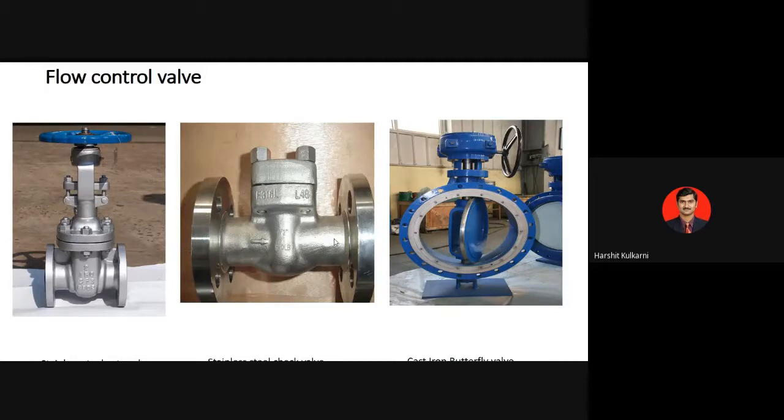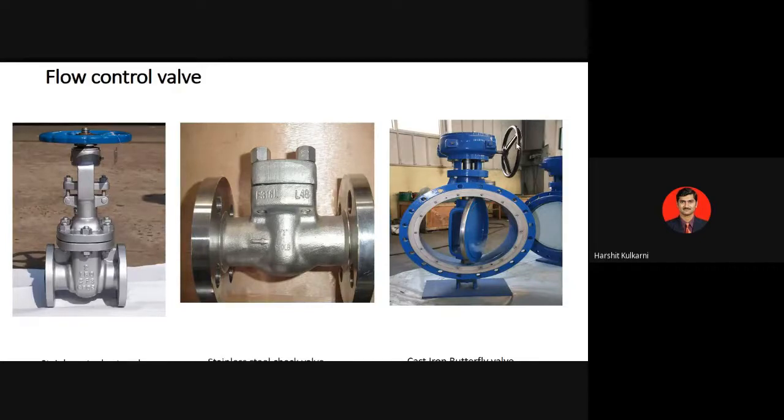The third diagram which you can see over here is the cast iron butterfly valve. The butterfly valve has a flap. The angle at which this flap is fixed is decided by this handle which you can rotate. It's like a steering.